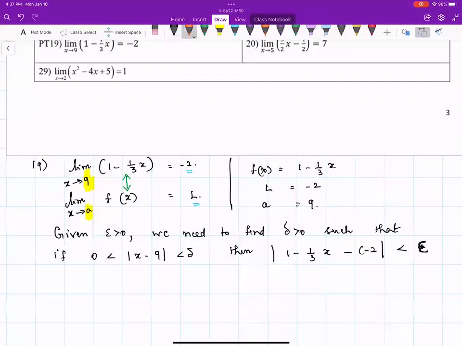So this is f of x, this one is L, this one is a.